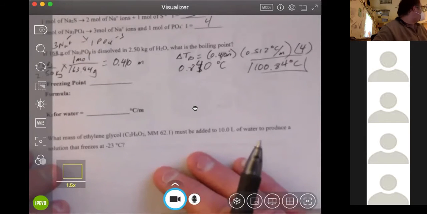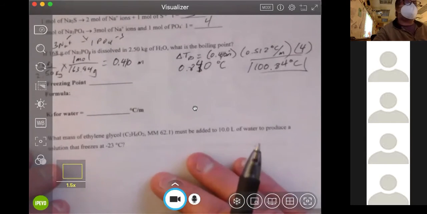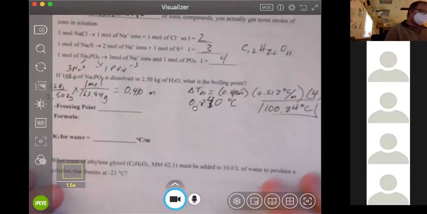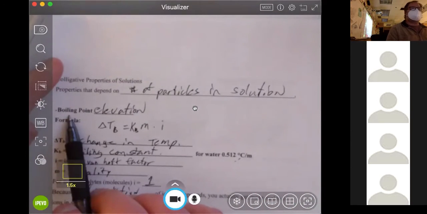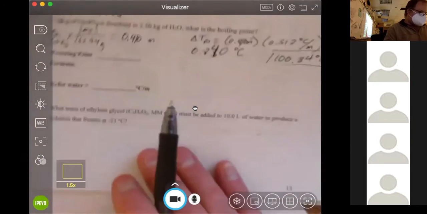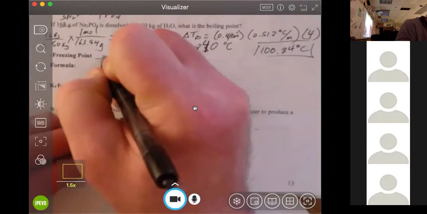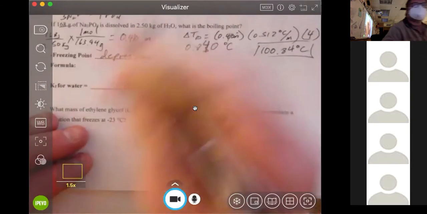Or, oh, it's wintertime, I've got to get the engine coolant out of my engine and put in the antifreeze. They're actually the same substance, because adding a solute to water makes the boiling point go up, but it makes the freezing point go down. We call that freezing point depression.